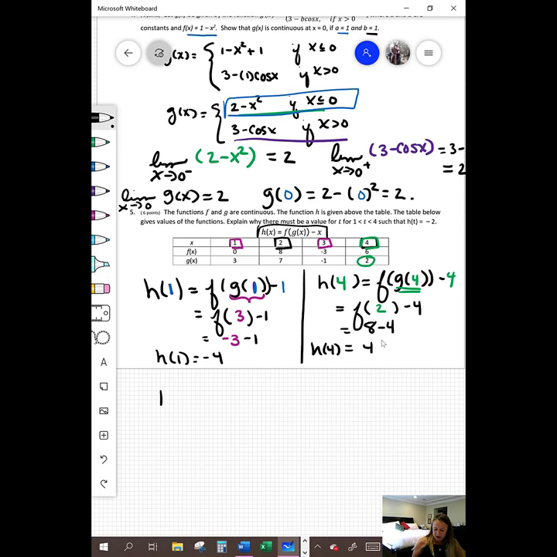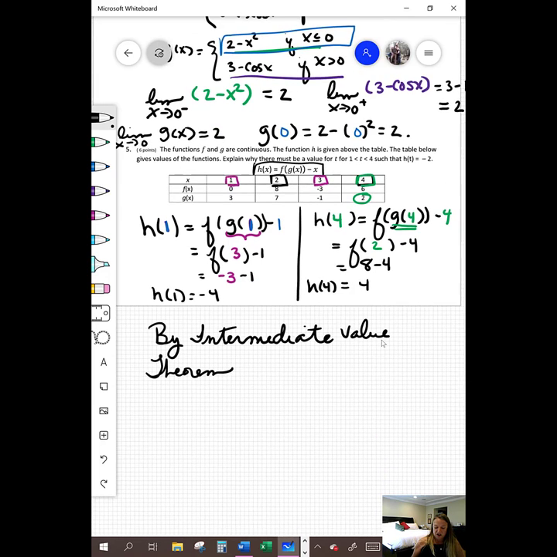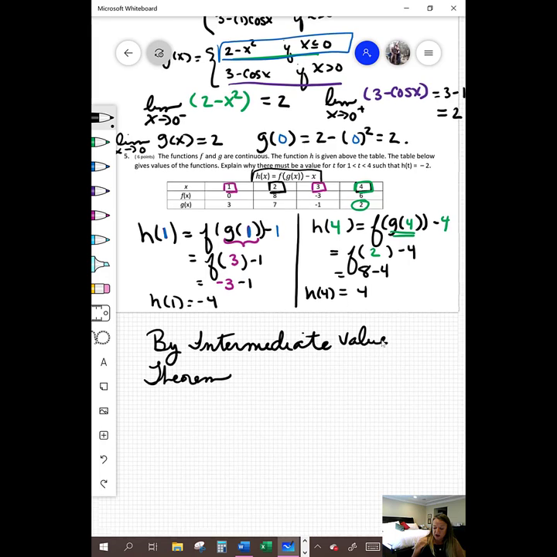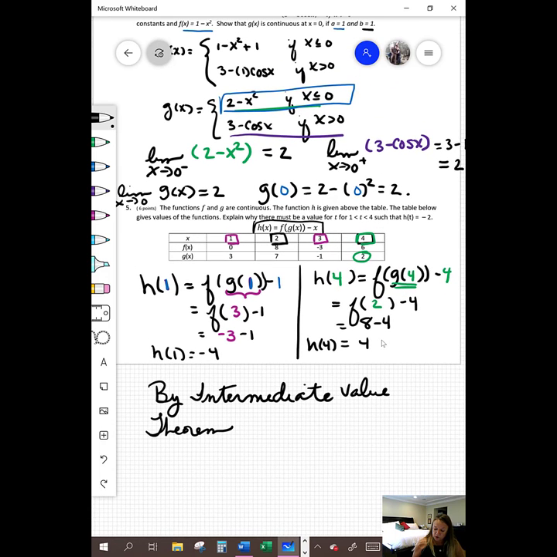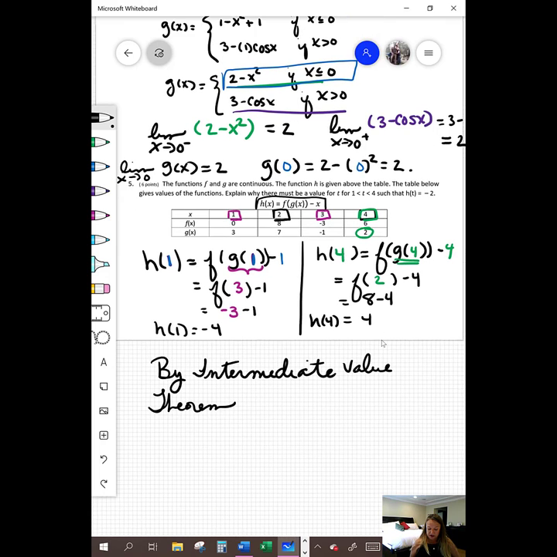Okay, by the intermediate value theorem, we know that there has to be some value of x between 1 and 4, some value t between 1 and 4, such that the h value is going to be negative 2.